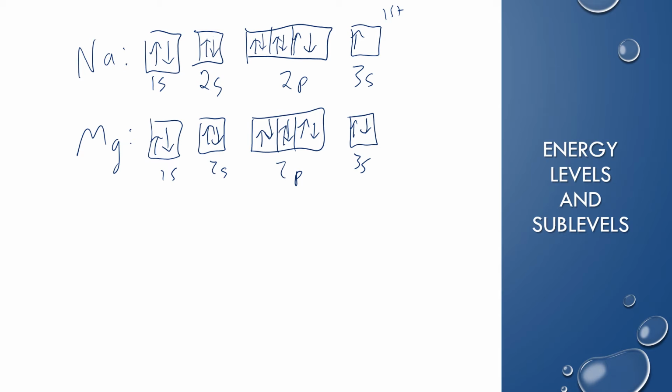So the first electron to be removed versus the second electron to be removed, there'll be a very big difference between the first ionization energy and the second ionization energy.